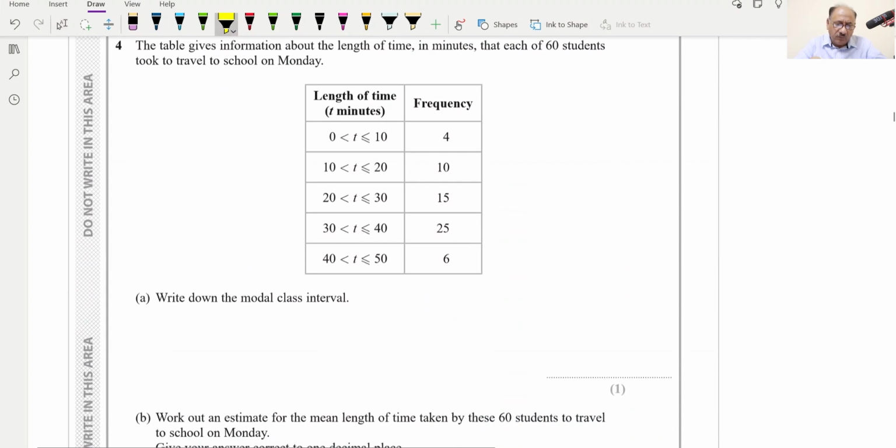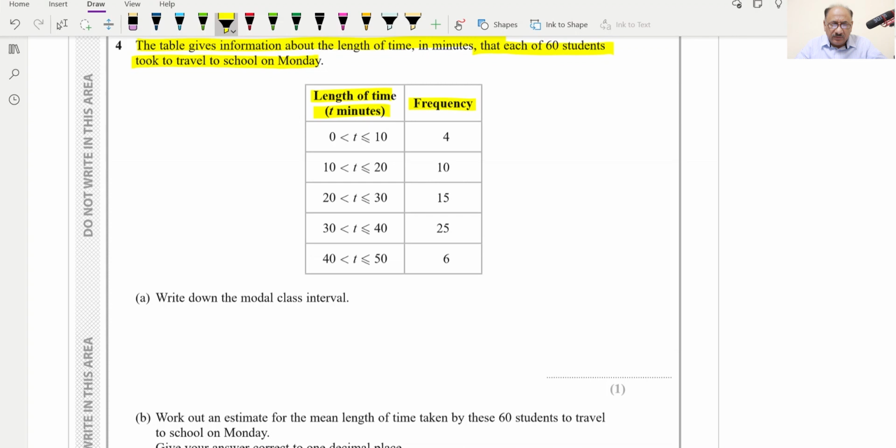And question number 4: the table gives information about the length of time in minutes that each of 60 students took to travel to school on Monday, with the length of time in minutes and the frequency.